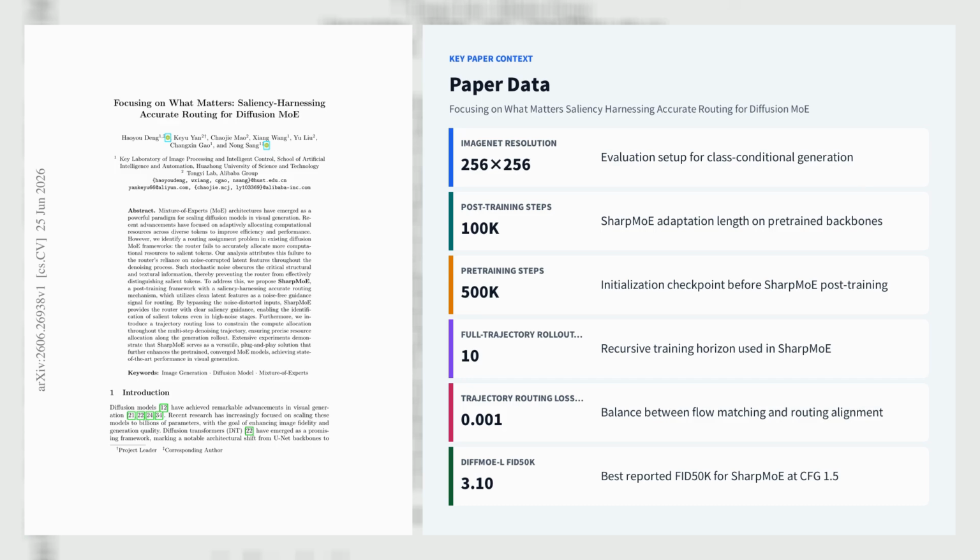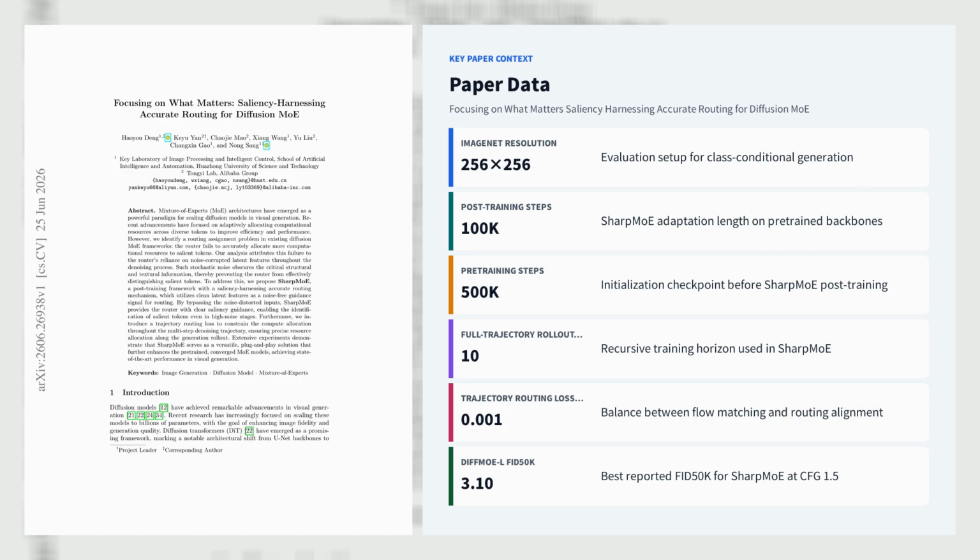On ImageNet 256 times 256, after 100K post-training steps from 500K pre-trained models, SharpMoE improves every evaluated backbone. For example, DiffMoE-L reaches FID 50K 3.1 and IS 228.88 at CFG 1.5, while the baseline DiffMoE-L scores 3.86 and 203.